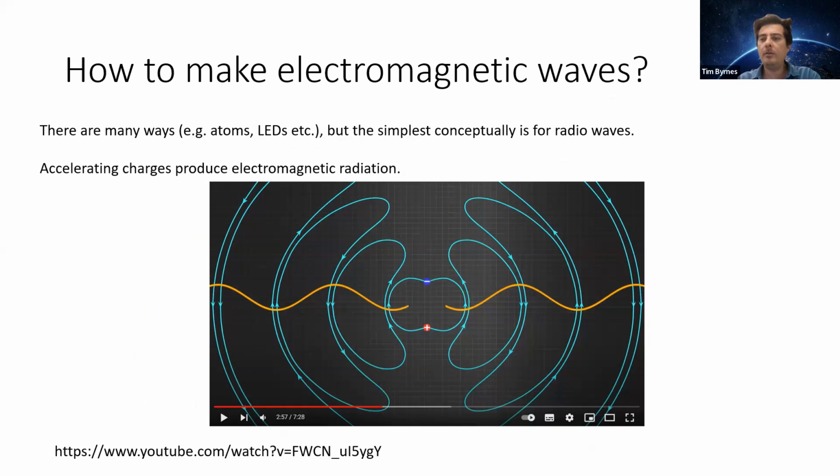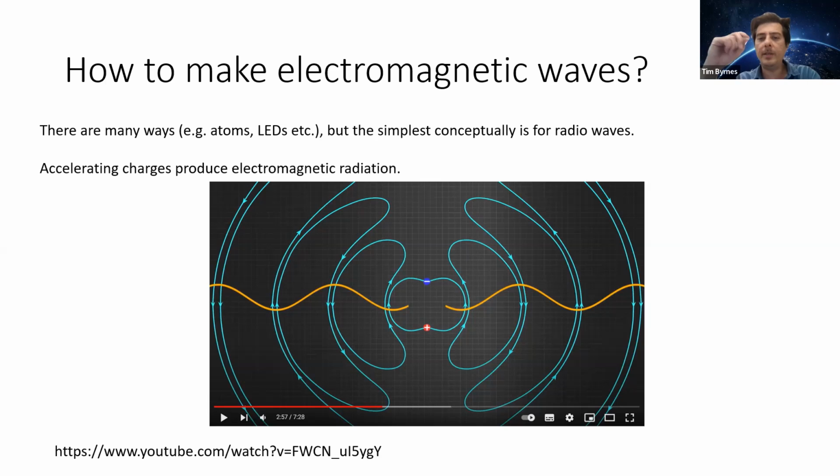Well, we saw a video on this, where if you have charged particles and you oscillate them, well, you don't have to oscillate them. The main thing is to accelerate them, but oscillating them is a good way of accelerating them, because when you oscillate something, it's constantly changing velocity, right?